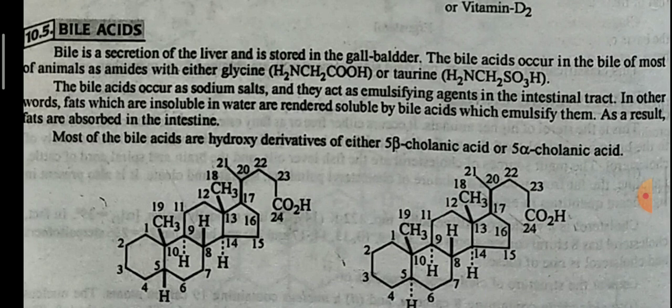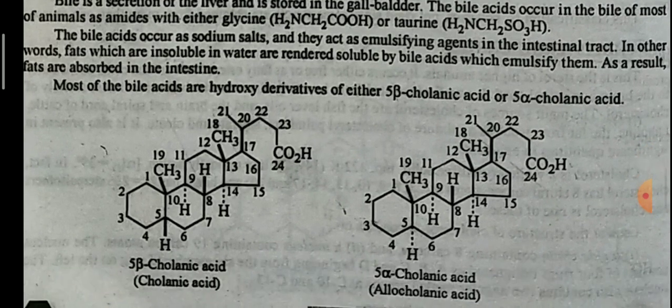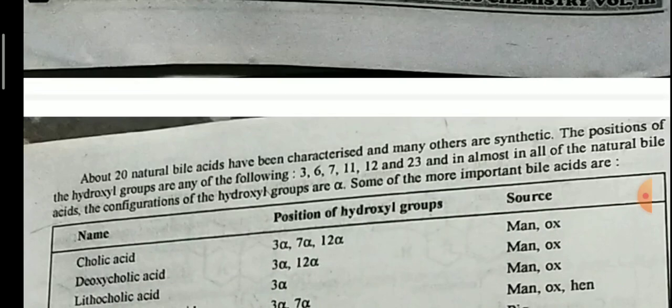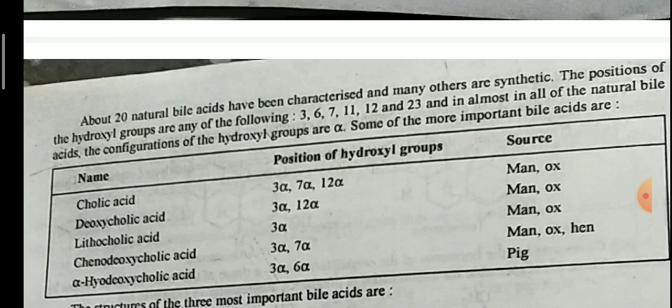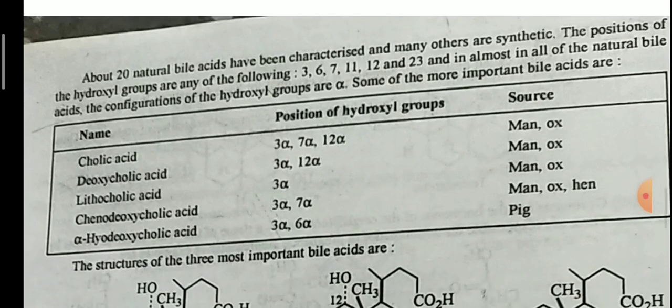Most of the bile acids are hydroxy derivatives of either 5-beta-cholanic acid or 5-alpha-cholanic acid. About 20 natural bile acids have been characterized and many others are synthetic. The positions of the hydroxyl groups are any of the following: 3, 6, 7, 11, 12, and 23. Almost in all of the natural bile acids, the configuration of the hydroxyl groups is alpha.